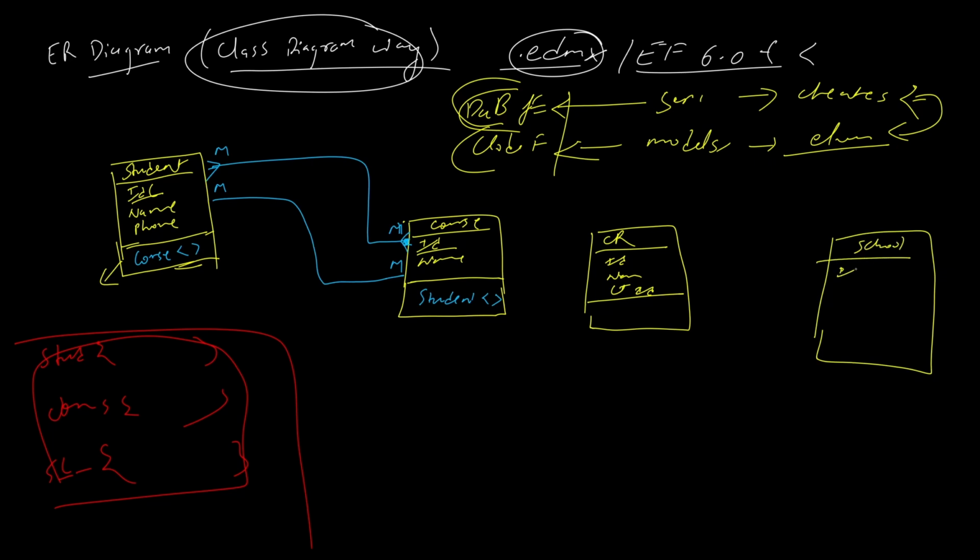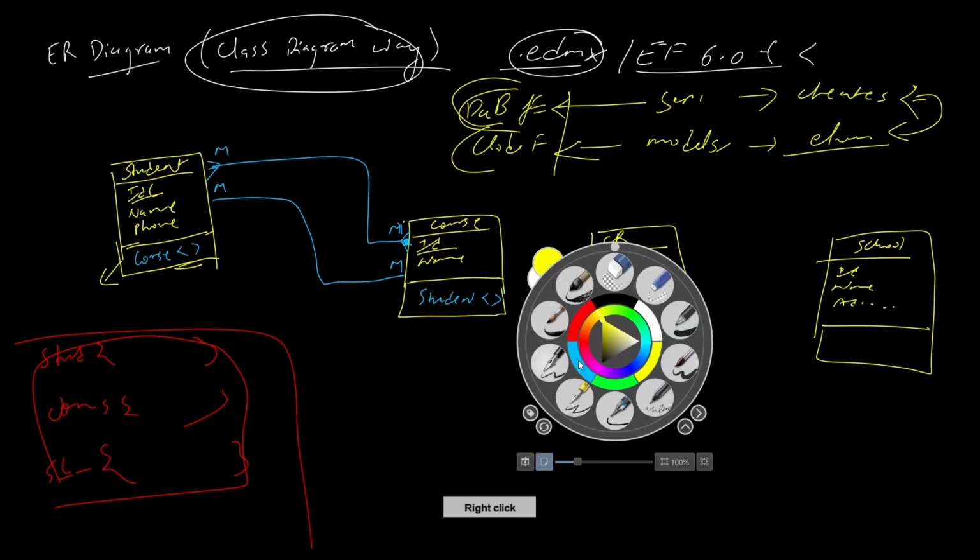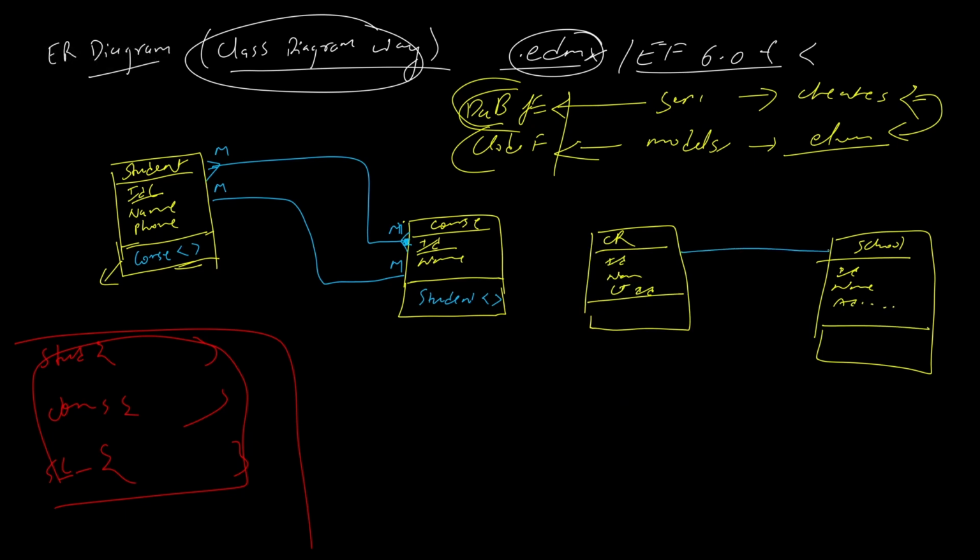There will be only one school, with the same things, ID, name, address, etc. And the relation will simply be this. Here we'll have a dot representing 1, and here something representing many. The classroom will have a school ID which represents the relation, and the school will have the list of classrooms which represents the relation with this.